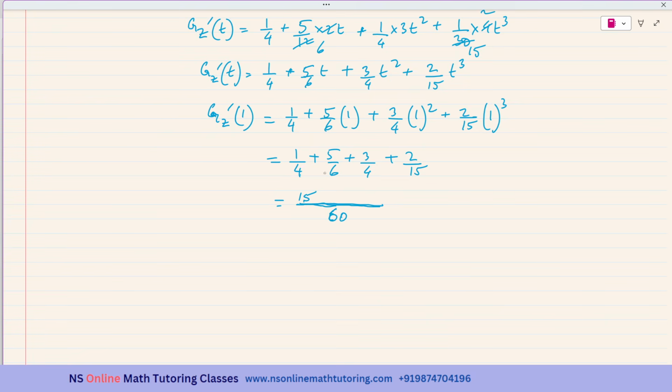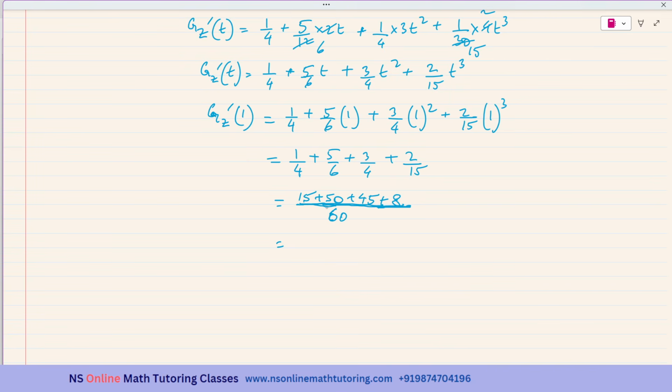You can write the terms separately and add them. I am writing them as a single fraction. Then 6 times 10 is 60, so 5 times 10 is 50, and 4 times 15, so 3 times 15 is 45, and 15 times 4, so 2 times 4 is 8.